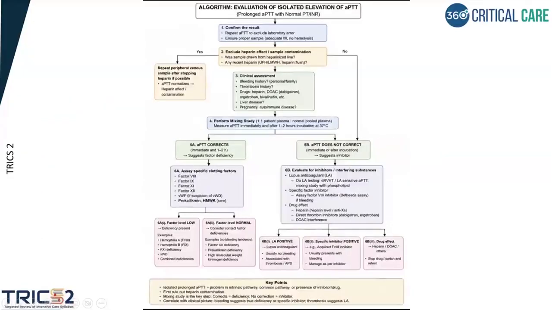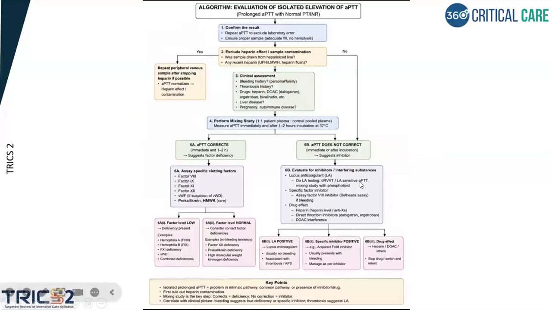Okay. So whenever a patient with isolated APTT comes to you, the next step that you should do is a mixing study. So what is a mixing study? Here you are going to just mix your patient plasma with the normal plasma. And if your APTT gets corrected, then it indicates that the patient has some factor deficiencies.